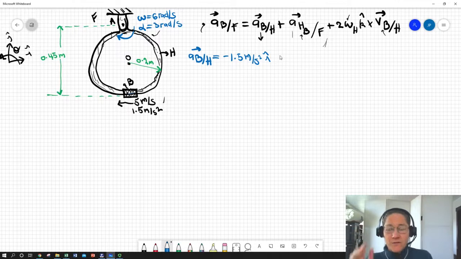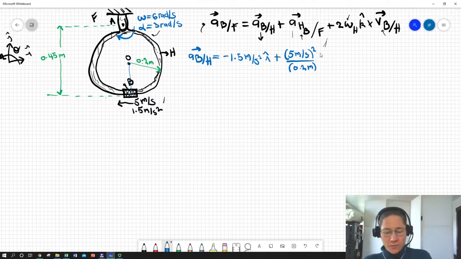So we've kind of fixed the hoop. We're only looking at what's going on on the hoop. Remember, we have our centripetal, our normal acceleration, which is the velocity of B squared divided by the radius of curvature, which is, of course, just our 0.2 meters.